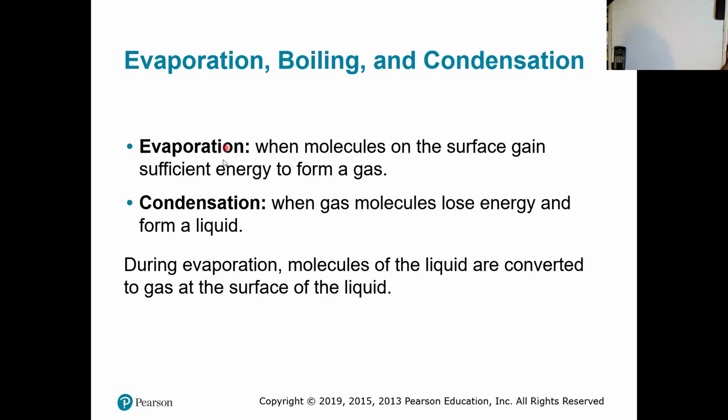So evaporation is when the molecules on the surface of our liquid get enough energy to leave the liquid and turn into a gas. And then condensation is when your gas molecules floating above the surface of your liquid lose enough energy to fall back and become a liquid again. It's all just about an energy exchange.